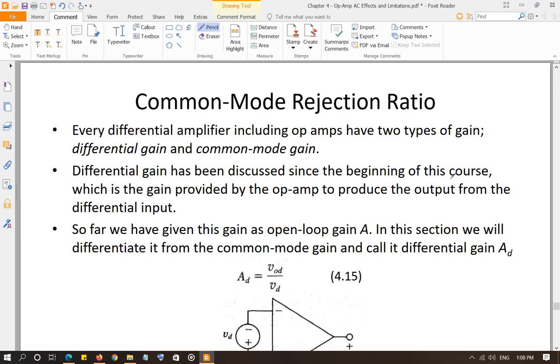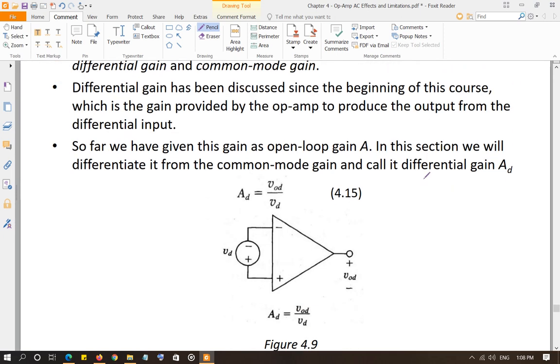Now, this is what we generally do. We have a voltage difference between the non-inverting and inverting input. We have the open loop gain A0, and the output is going to be A0 times the input.